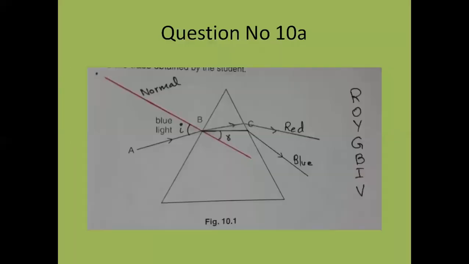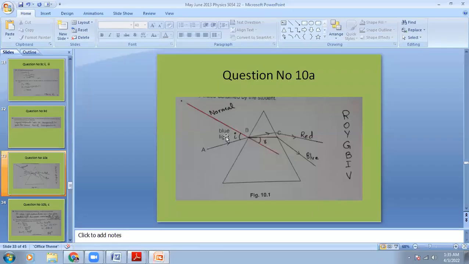I've done this. This red line is the normal, and I have joined B and C with this black line. The angle between the incident ray and the normal is the angle of incidence. The angle between the refracted ray and the normal is the angle of refraction. So i and r, this is what they are asking.